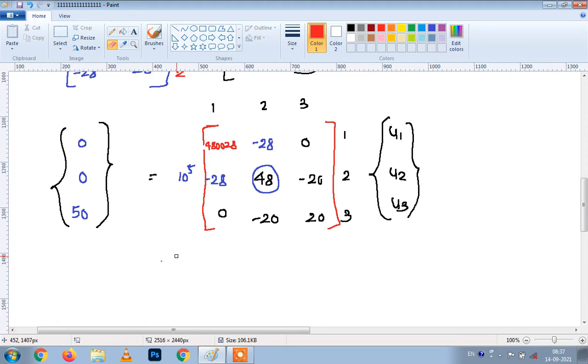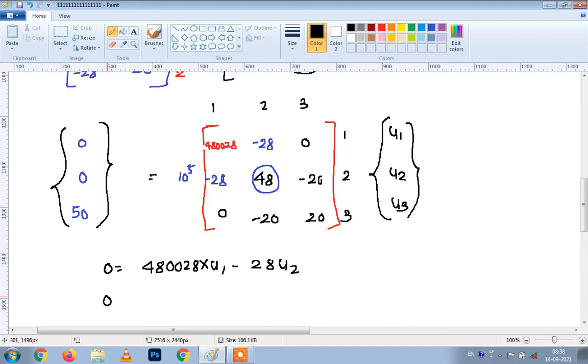So now quickly we will solve this. The first row gives 0 is equal to, we simply multiply the first row with the first column: 480028 into the first element u1 minus 28 u2, and the third element will be 0.